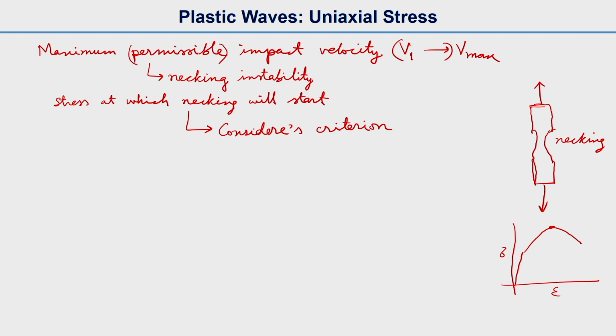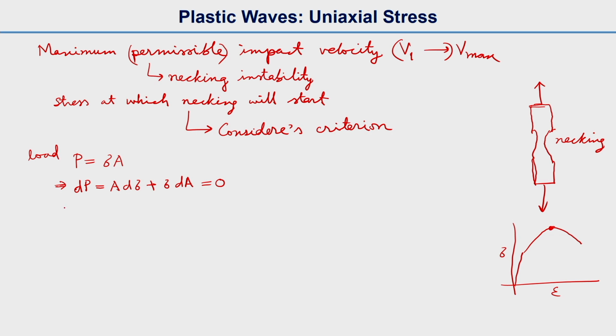As we know, the necking starts at the maximum load. So, now as we know, the load P can be written as sigma A, sigma multiplied by the cross sectional area. If we write the differential of the load, we can write it as A d sigma plus sigma dA, and dP will be equal to 0 because that happens at the maximum load, the necking.